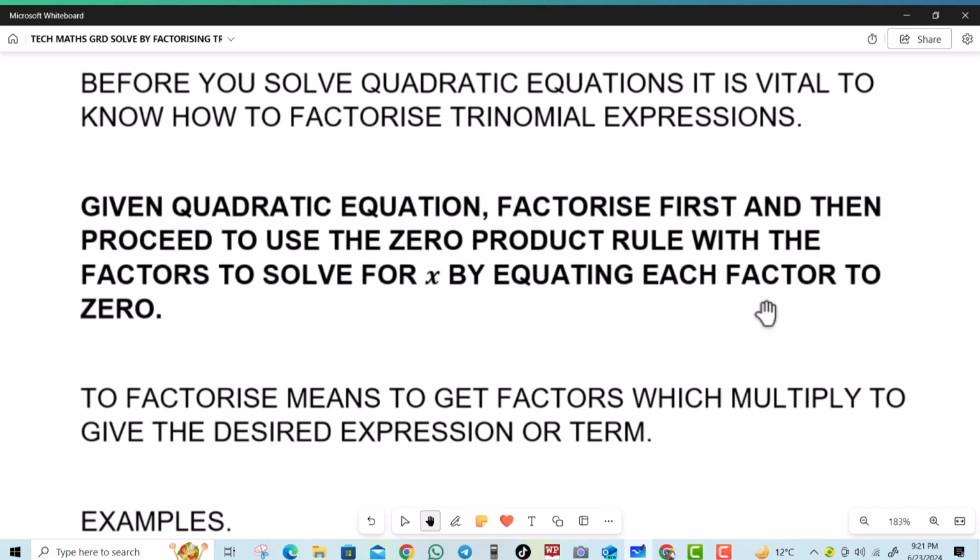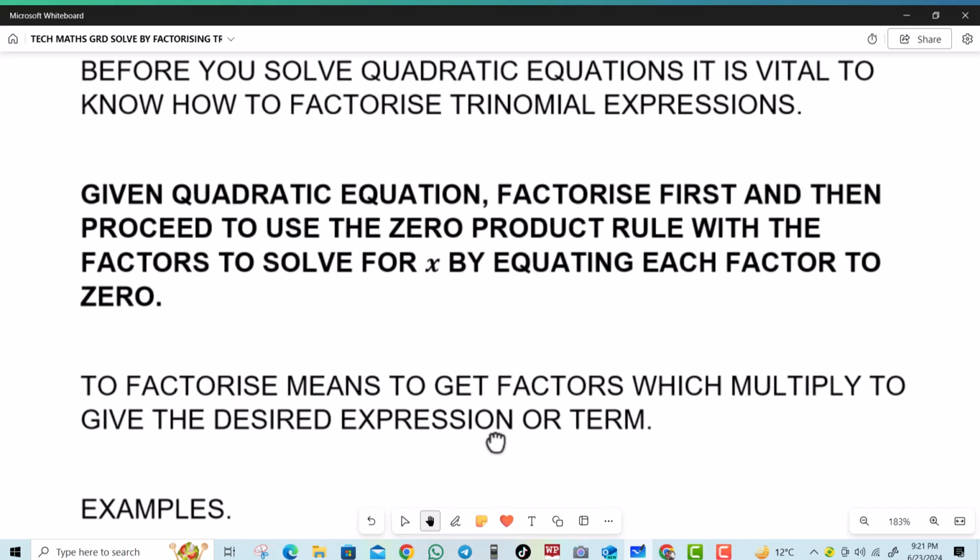If we have a quadratic equation, before we solve it, we first factorize and then use the zero product rule, as we are going to see in the examples.